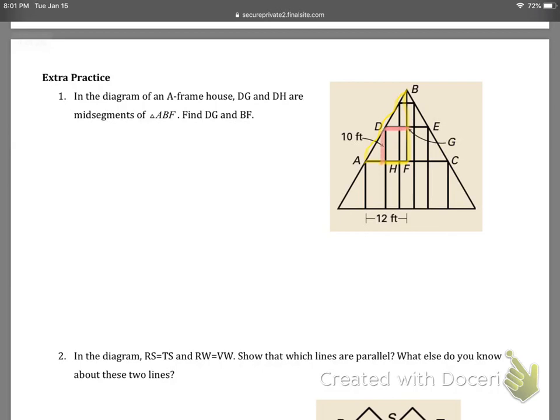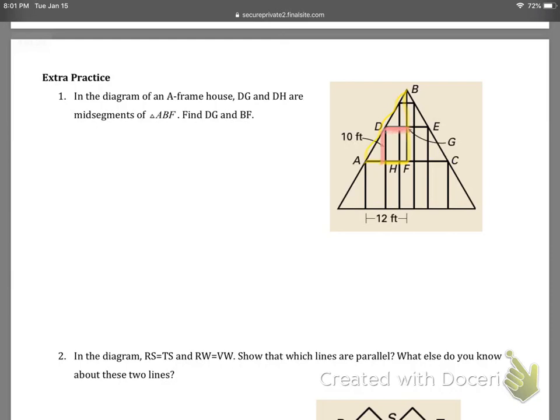The pink highlights are mid-segments of triangle ABF, and I have made ABF in yellow highlight. If those are mid-segments, then let's see what else we can do. It says find DG, and find also BF. Okay, so let's work on DG first.